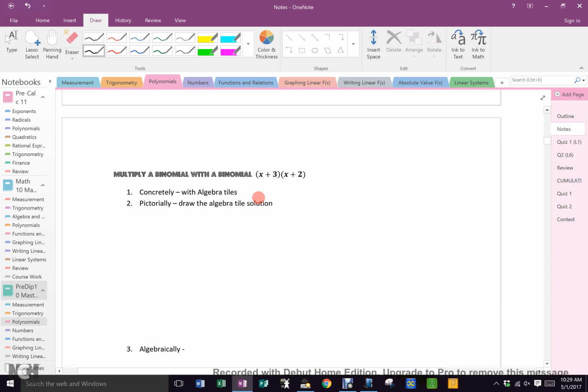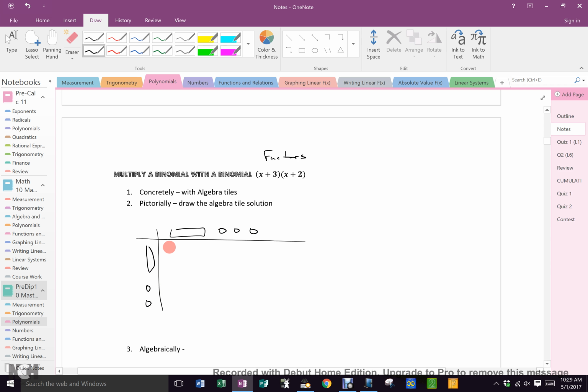This one I actually want to draw. I have my reasons. These are both factors, yes? So where do they go? On the outside of a rectangle, right? x plus 3. 1, 2, 3. The other side has x plus 2.